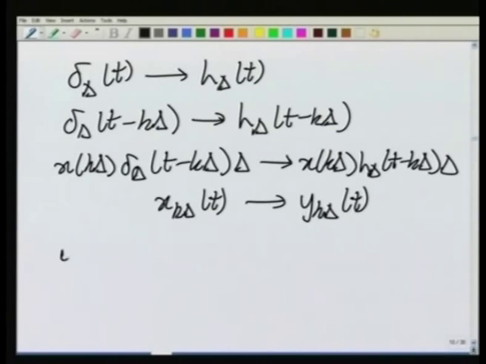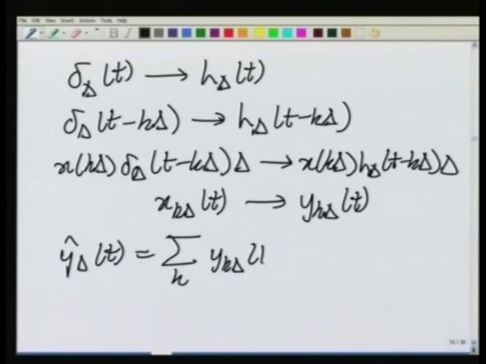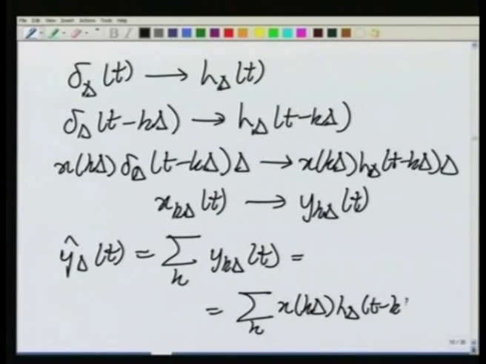And thus, if we say that ŷ_Δ(t) equals the sum for all k of y_kΔ(t), then we can say that this is equal to the expression summation over all k of x(kΔ) h_Δ(t - kΔ) Δ. So, ŷ_Δ(t) is this expression, and here we have used additivity in the last step.